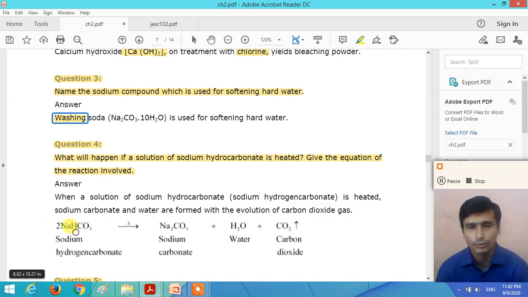So the chemical equation: NaHCO3 when we heat, that is delta, gives Na2CO3 plus H2O plus CO2. Now for balancing this, we need to add 2 here, right? So when sodium hydrogen carbonate is heated, it produces sodium carbonate, water and carbon dioxide gas, right?